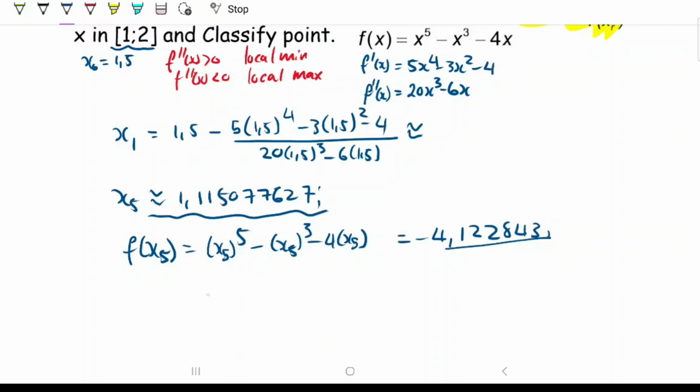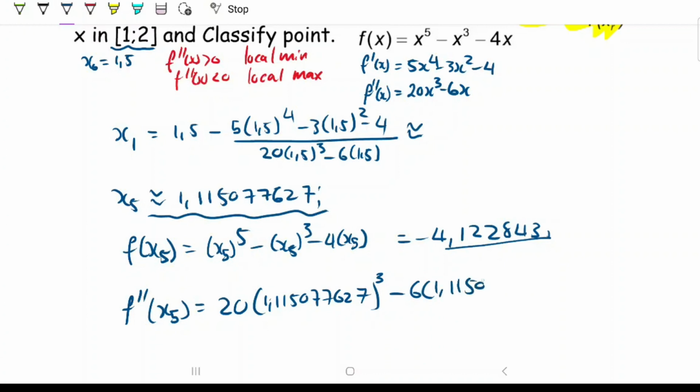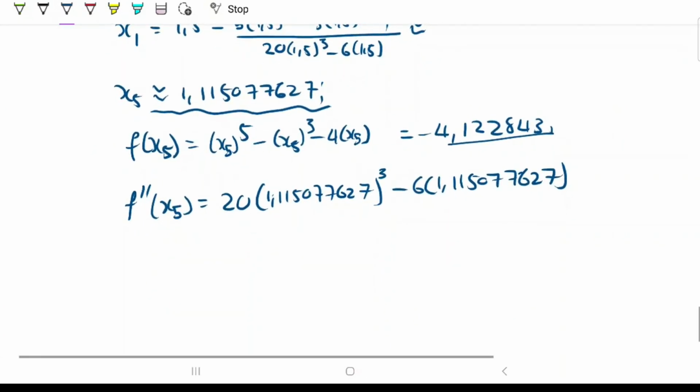If we need to determine the type of turning point, I will plug the x value that I get, which is like 1,15077627, into the second derivative and check what kind of sign I get. That will determine whether it's a local maximum or minimum. As I plug it into my calculator, this gives me approximately 21,39.